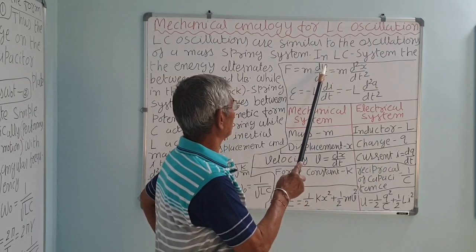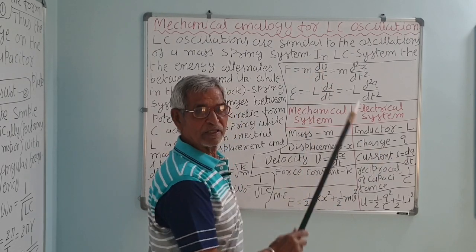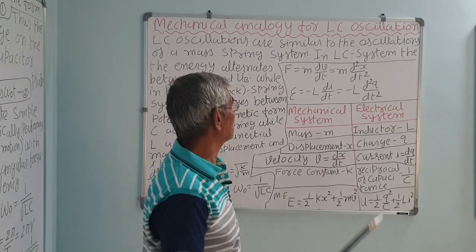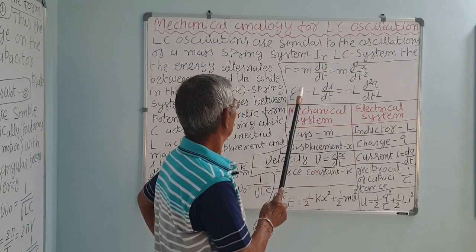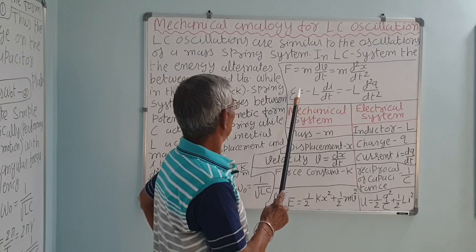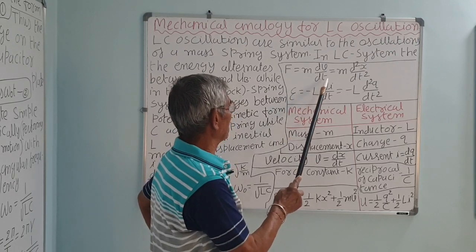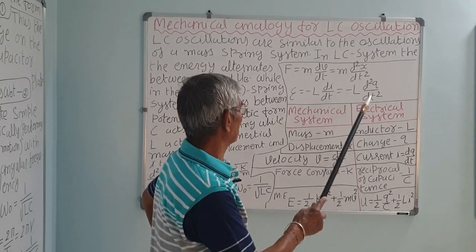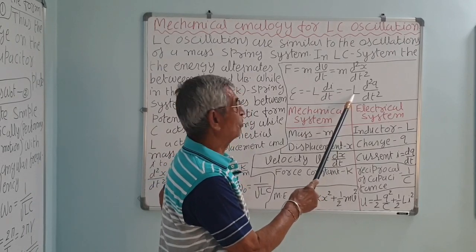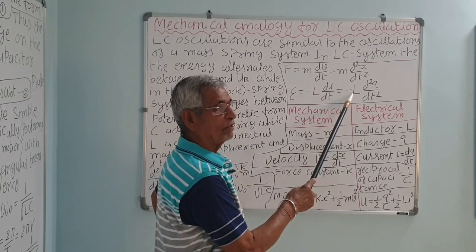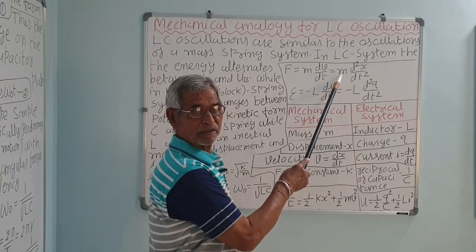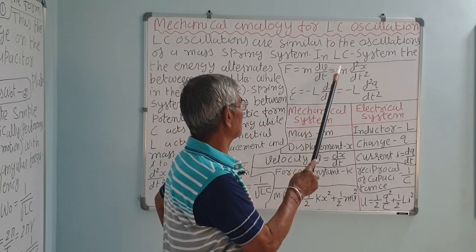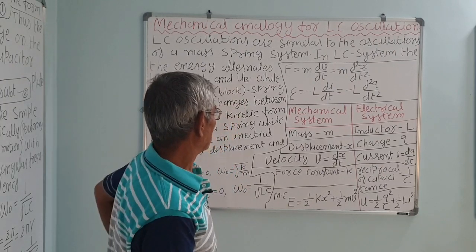Velocity is equal to dx by dt, the rate of change of displacement, so that is m d square x upon dt square. In electricals, EMF is minus L di by dt, that is equal to minus L d square q upon dt square. So, L plays the role in the electrical oscillation which is played by the mass in the mechanical oscillation of the mass spring system.